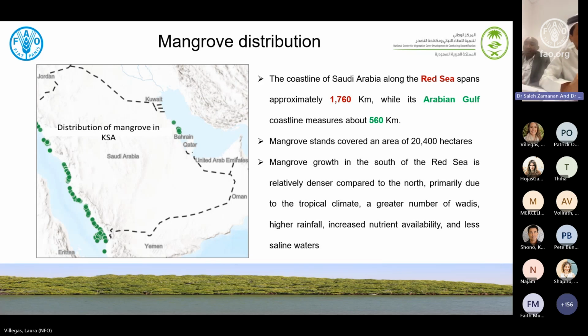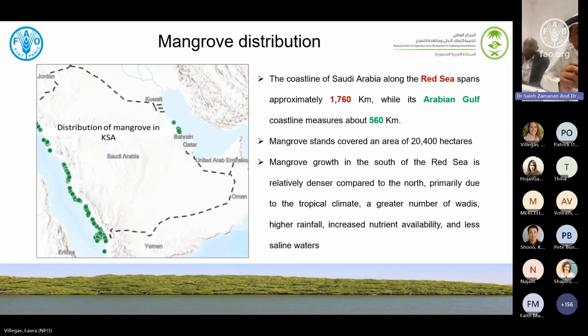Saudi Arabia is home to two species of mangrove along two coasts, the Red Sea and the Arabian Gulf, dominated by the Avicennia marina species, which covers 95% of our mangrove. Here you can see it on the map. The other species is Rhizophora, just in the Red Sea at 13 sites.